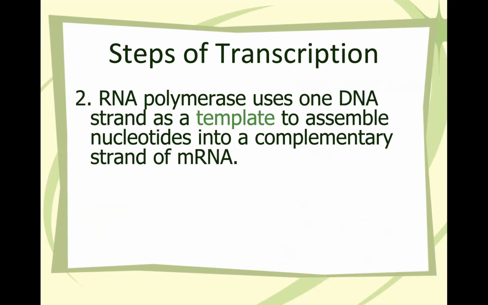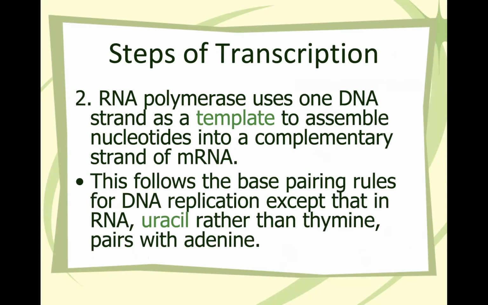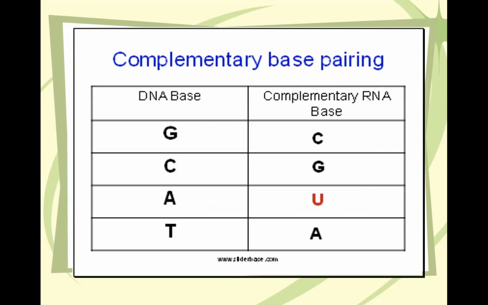DNA becomes a template for the synthesis of RNA. Again, we're following the general base pairing rules that you learned about in DNA replication, except in this case we're going to have thymine replaced by uracil. These are the complementary base pairings for replication and transcription.